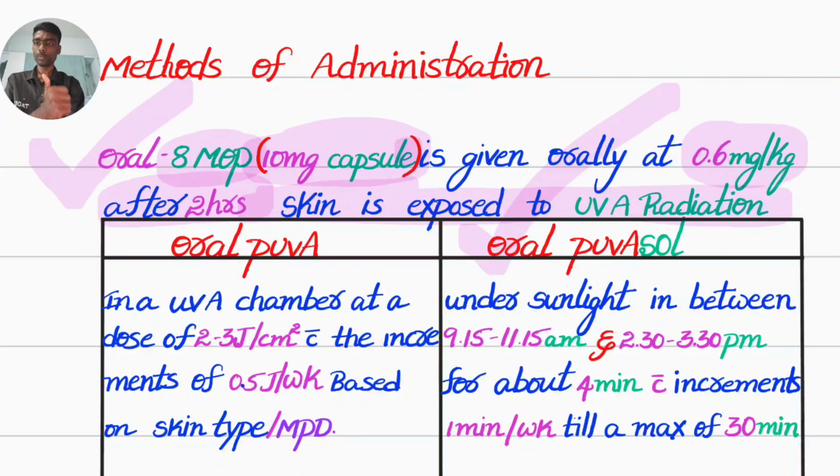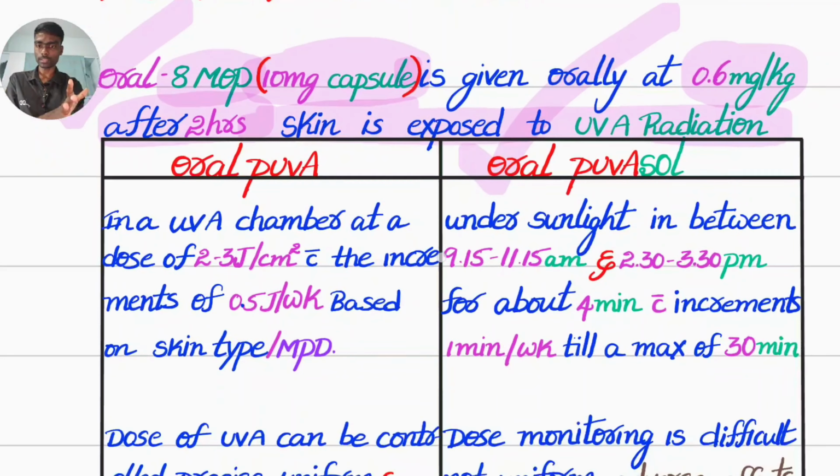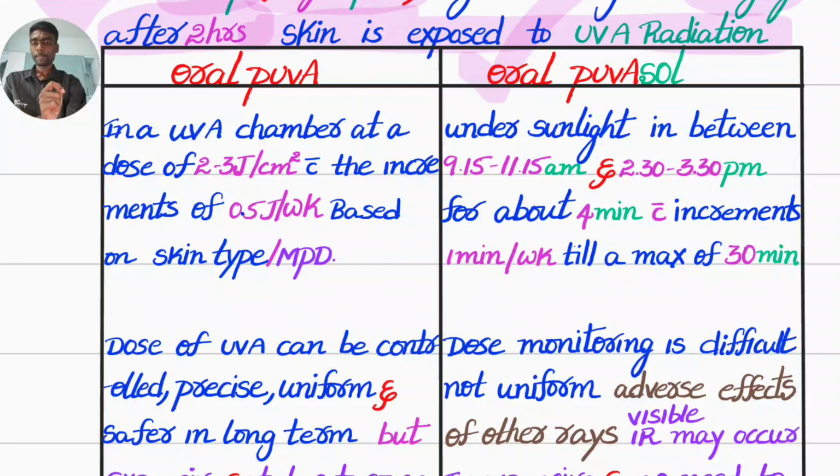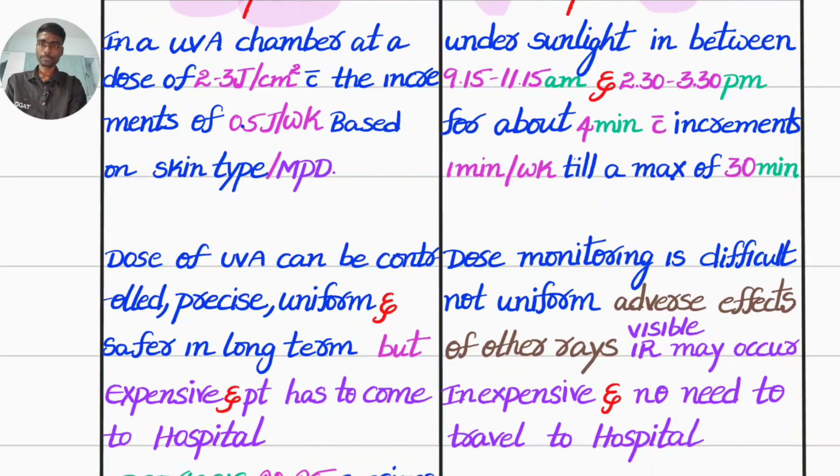Here it is PUVA, so UVA radiation, common sense. If we take orally tablets and get exposed to UVA man-made chamber, it is called oral PUVA. If we get exposed to solar light, it is called PUVA sol.